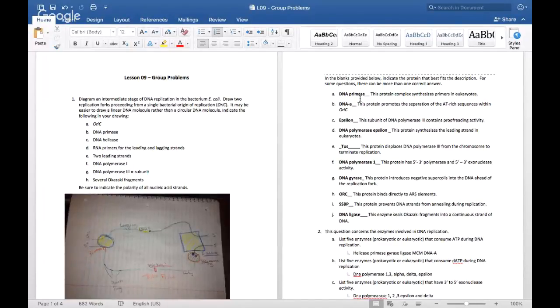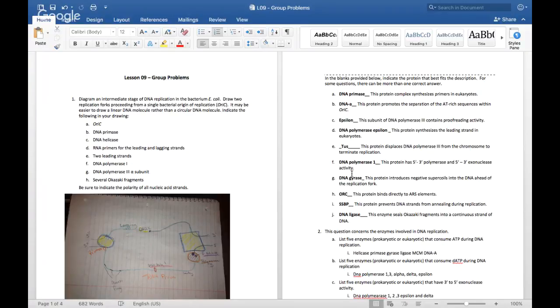For number 2, A is DNA primase. B is DNA A. C is epsilon. D is DNA polymerase epsilon. E is TUS.